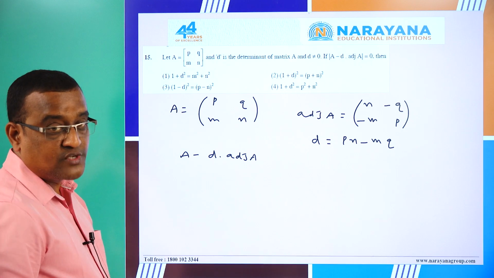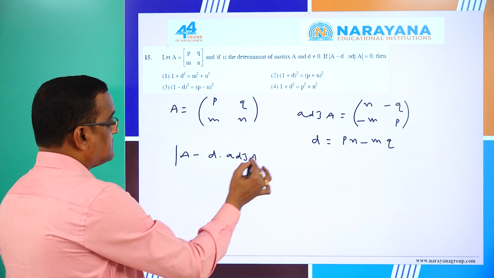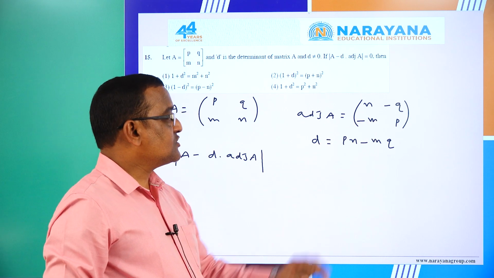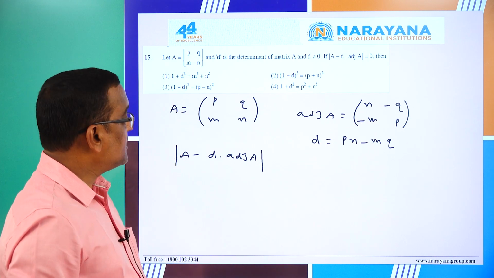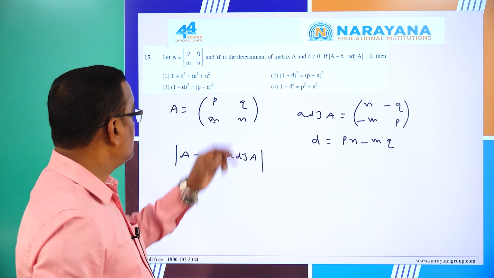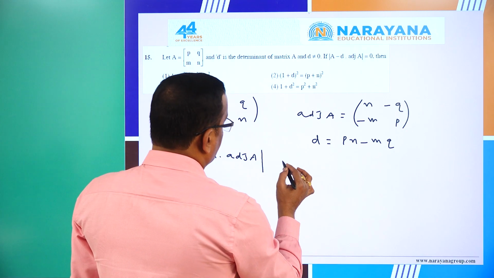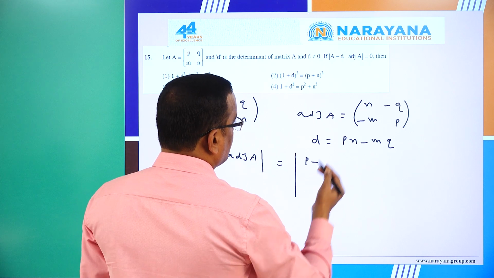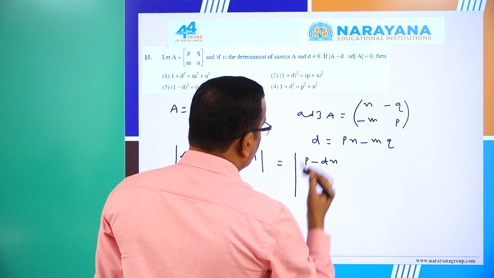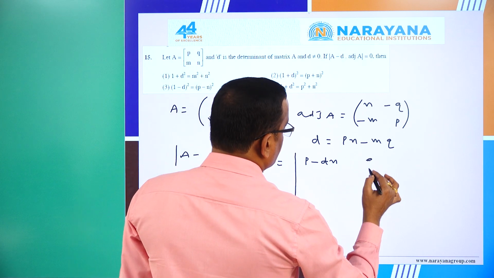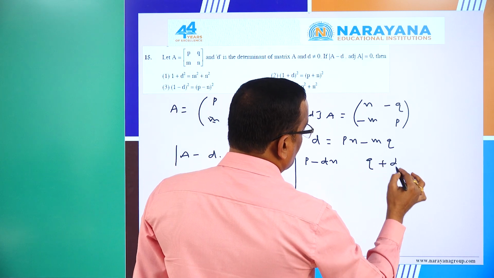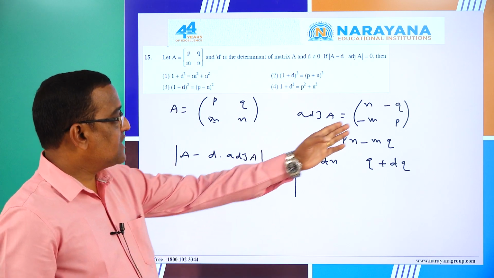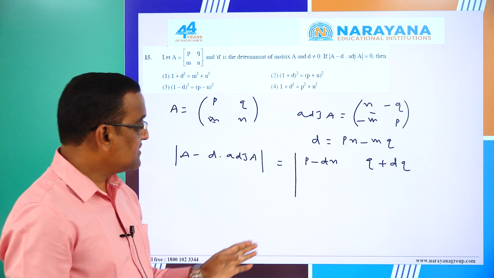Now consider A minus D into adjoint A, determinant. This is A and this is D into adjoint A. Multiply, subtract these two. This is det of the matrix with entries p minus Dn, q plus Dq, m plus Dm, and n minus Dp. I am considering A minus D into adjoint A. Multiply this one with D; D is a scalar here.